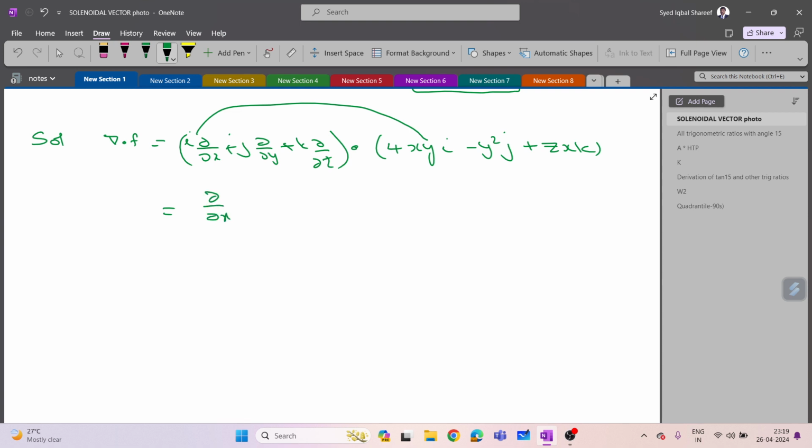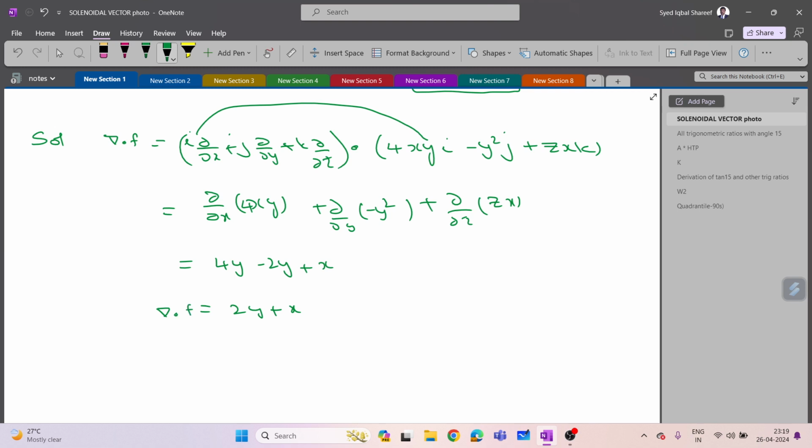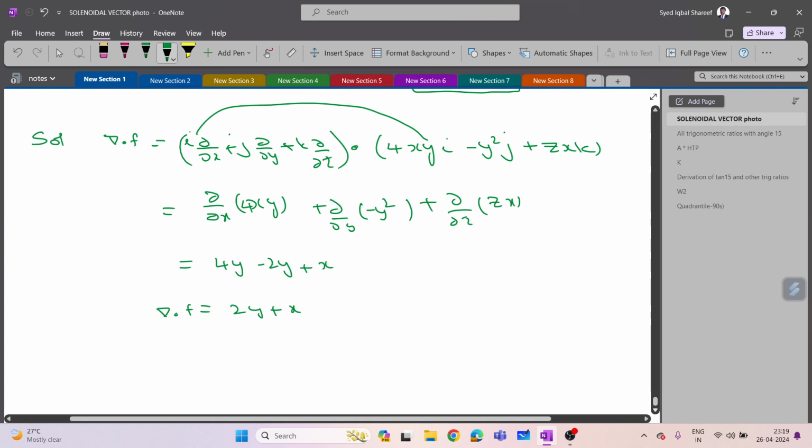So dou by dou x of 4xy plus dou by dou y of minus y square plus dou by dou z of zx. Differentiating, it is 4y minus 2y plus x. 4y minus 2y is 2y, plus x. That is our divergence of f.